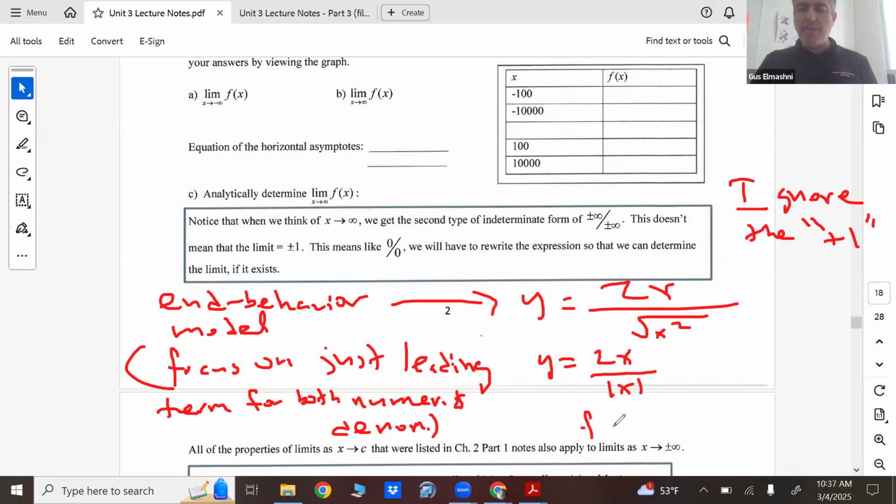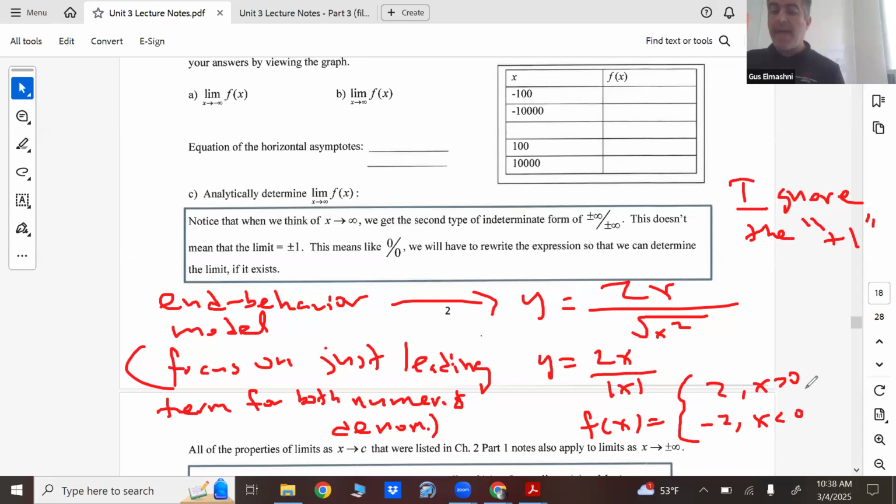And you can write a piecewise function like this: 2 and -2, if x is bigger than 0 or if x is less than 0. And that's what you do. So when you evaluate the right limit, it's 2, the left limit is -2, or positive infinity, negative infinity. So does that make sense?